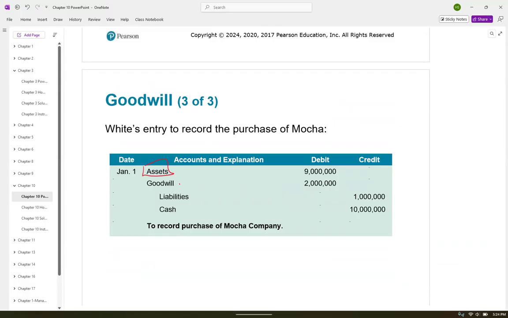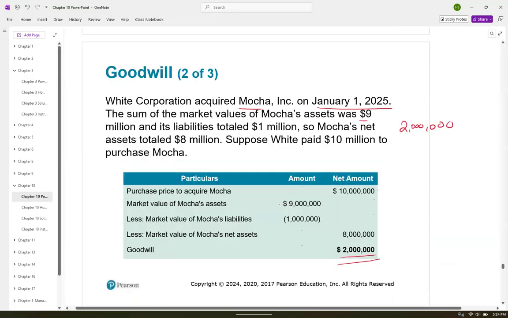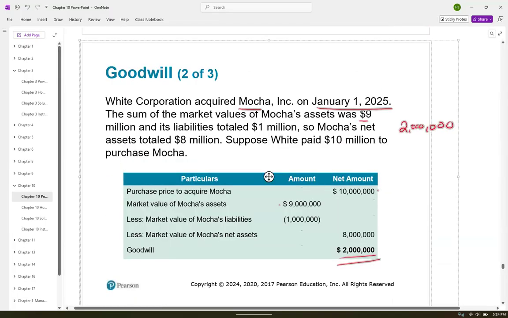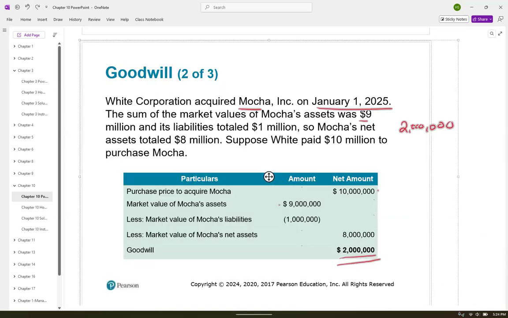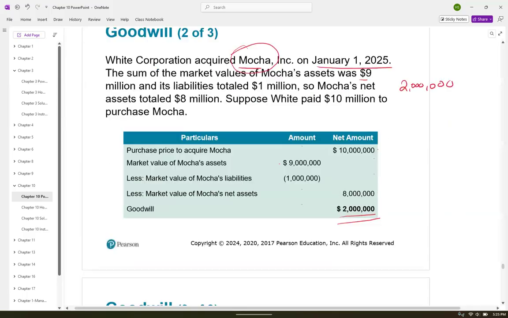Remember, Sam can't record the goodwill. Okay. Mocha is, they were acquiring Mocha. Mocha could not record any goodwill. It has to be a complete purchase and buyout of a whole other entity before goodwill can be placed on the books. Okay.